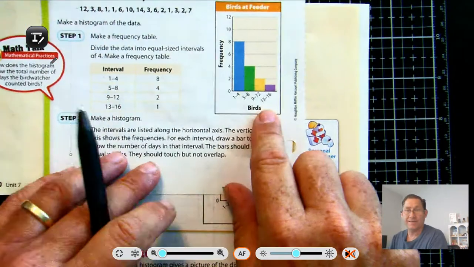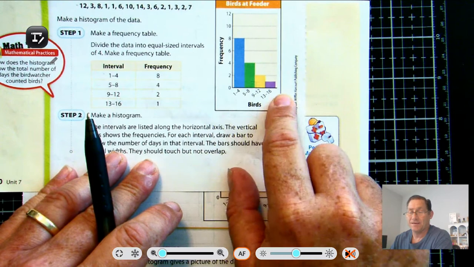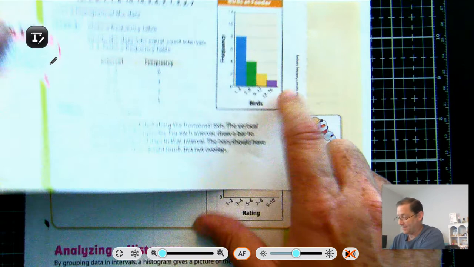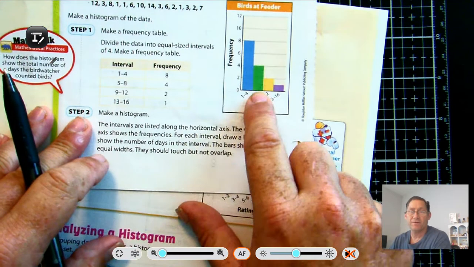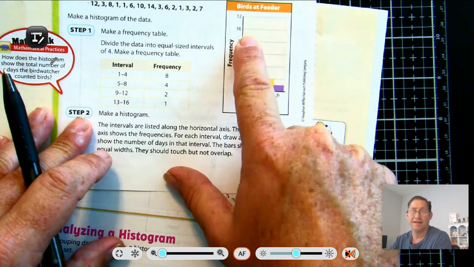So right now I look here and I don't see 18 on the histogram, right? So we'd have to add another bar. And then the other ones were 5 and 2. So for 5, we'd have to add 1 more. And for 2, we'd have to add 1 more to the 1 to 4.